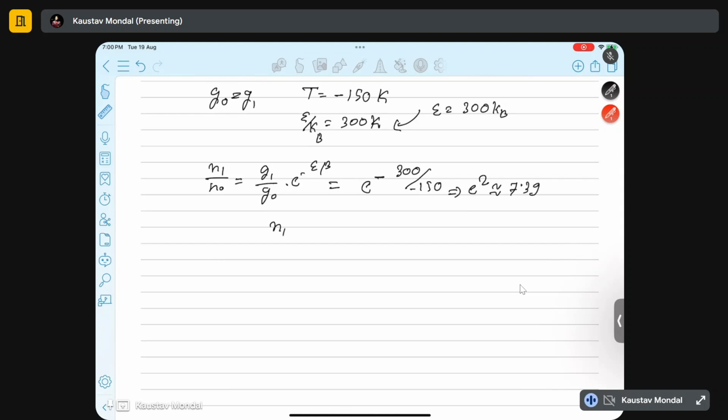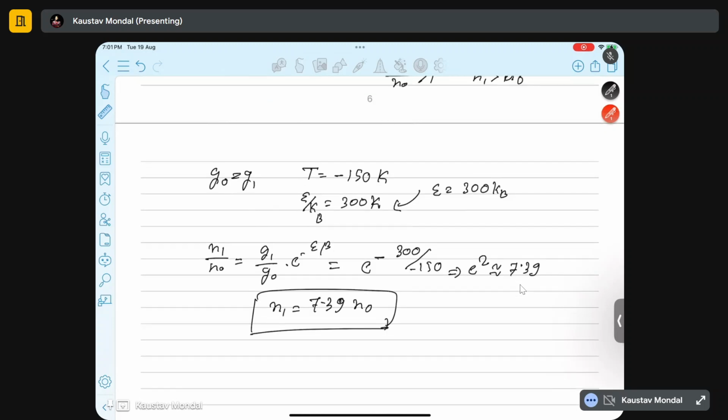So N1 is 7.39 times N0, right? This would happen to the system if you connect a thermal bath with negative temperature to the system. Okay. So next thing we will discuss in terms of Carnot engine.